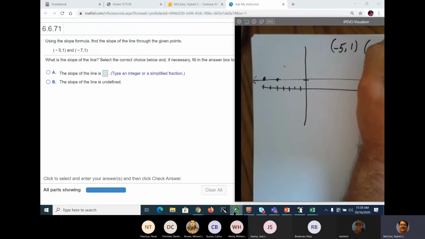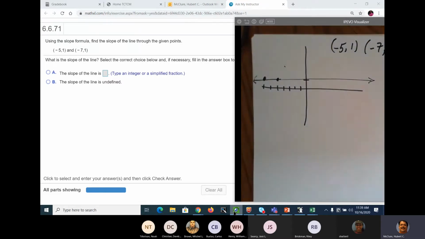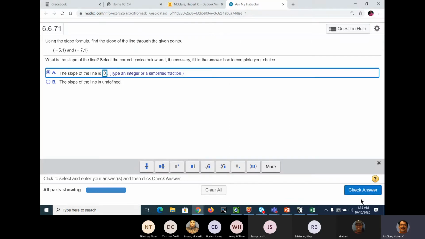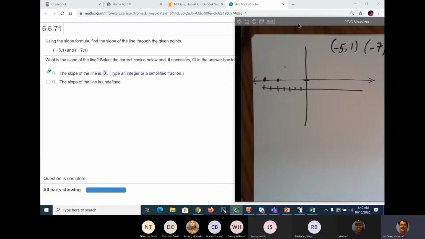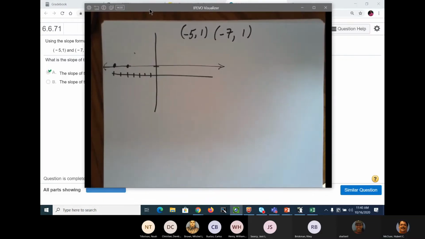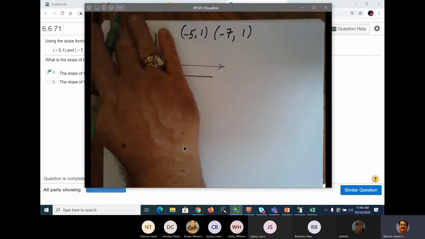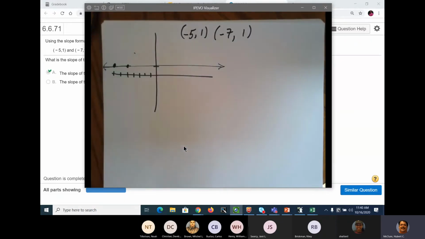Now, there's 2 things that tell you this. One is the graph. Can somebody else tell me what else tells you that the answer is 0? What else tells you that it's a horizontal line? Anybody want to take a guess? The x-axis. Nope. No, I'm saying besides graphing it. Okay, I already said graphing it tells you it's the horizontal line.